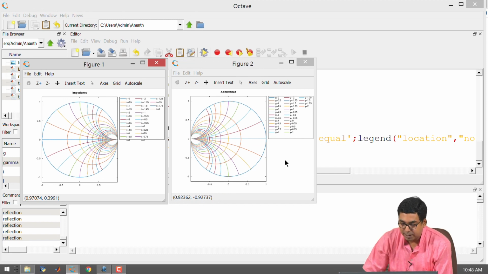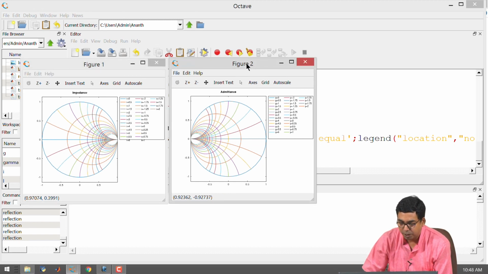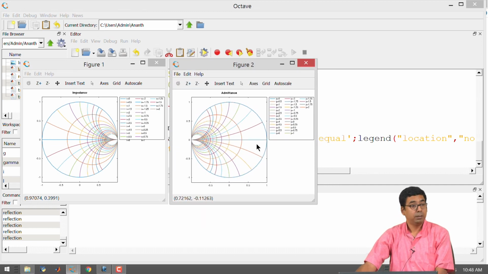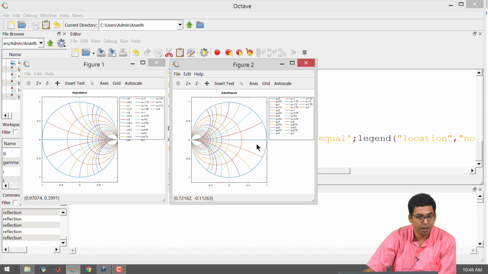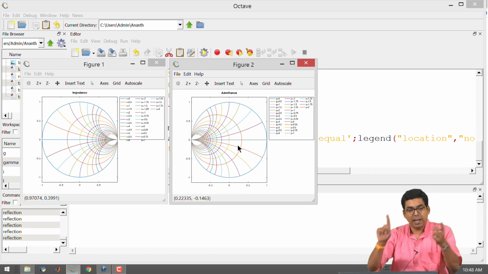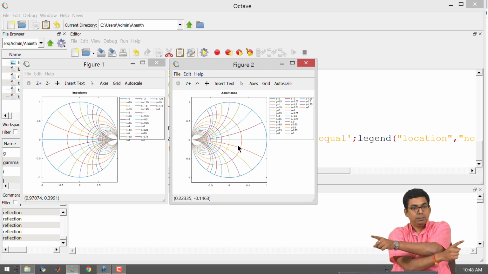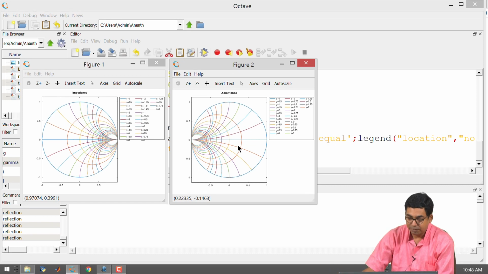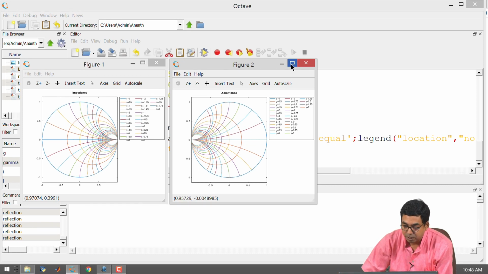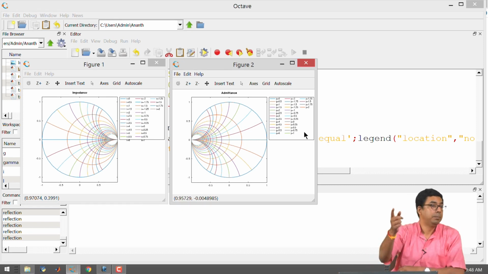Now, we can clearly see that if you are going to deal with admittances, there is a different figure that is popping up. Okay. We notice that the right side figure is a mirrored version of the left side figure. Okay. So, the x axis is flipped. Okay. On top of that, if you see in detail, the y axis is also flipped.